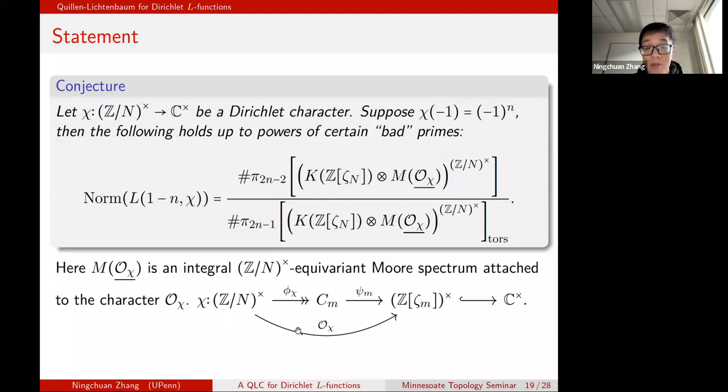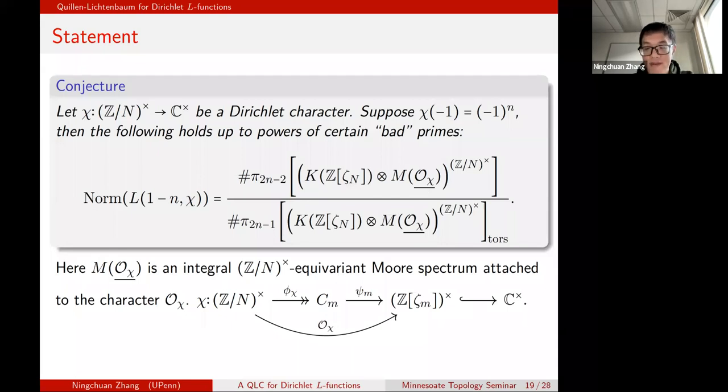And then this O_chi is basically the integral part of the Dirichlet character. Then I twist the algebraic K-theory of the cyclotomic extension of integers by this equivariant Moore spectrum, take the fixed points and take homotopy groups. So this is basically what I meant by equivariant algebraic K-theory of Z[zeta_n] with coefficients in chi or O_chi.